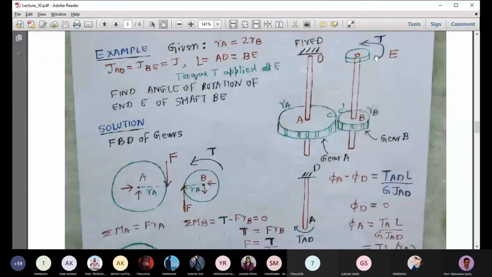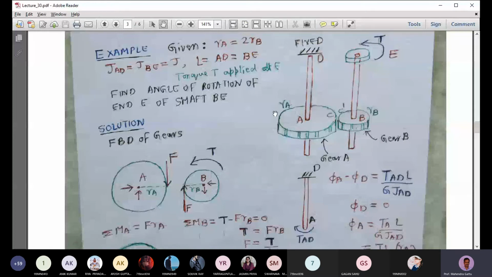So if the radius is large, then the torque produced in shaft AD will be higher. RA by RB here is 2. So if you produce torque T here, this is twice the torque which is coming on the shaft AD, because the radius RA is higher.